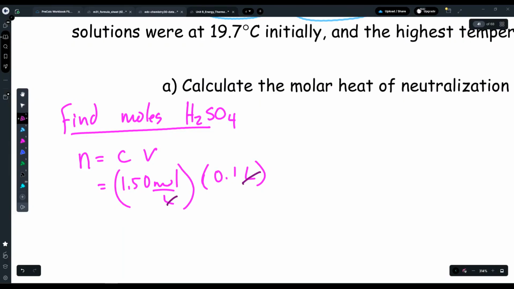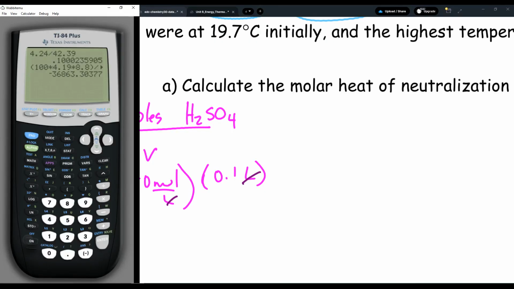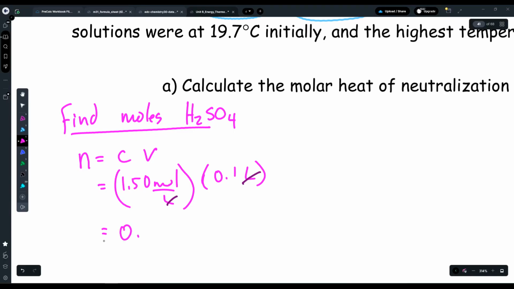So our liters cancels out. And 1.5 times 0.1 is going to just give us 0.15. That's moles of sulfuric acid.